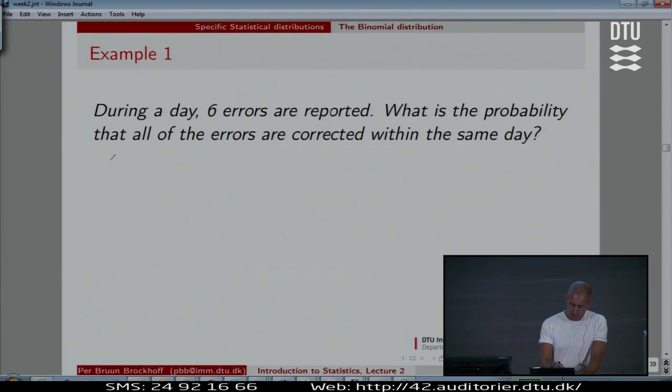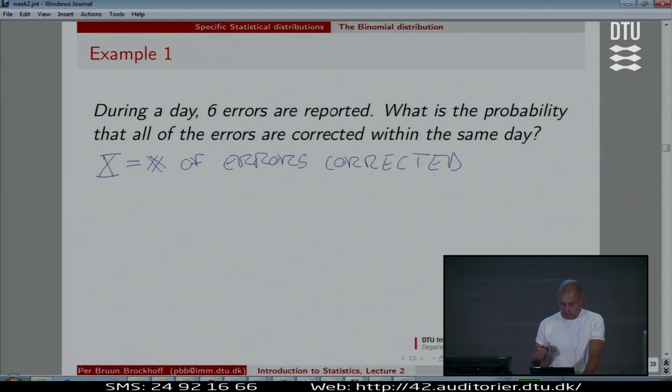Here, let's introduce a random variable notation, X, which would be the number of errors corrected, given that it's out of the 6 errors reported. Now, if we think about what we have learned, we could also express what we believe now.